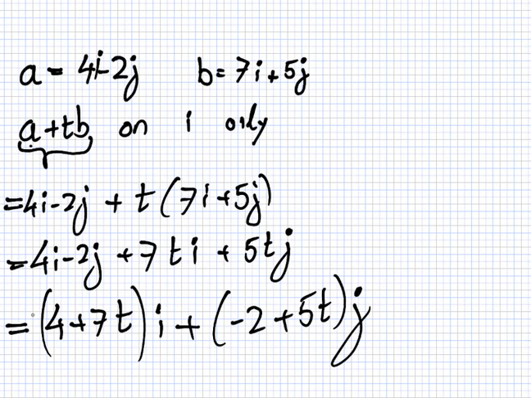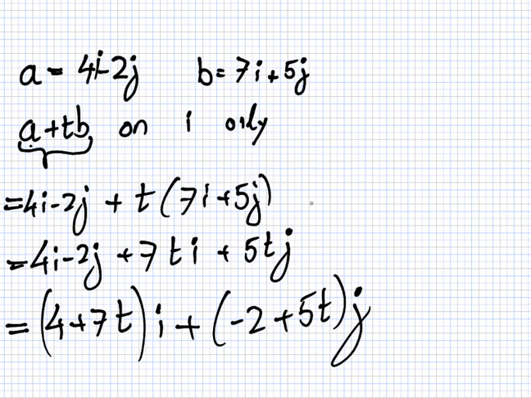Now, this is the key step. I tell you that this is only on the i. It's only horizontal. So what does that mean about the j value? Yeah, that j piece must be 0 because I tell you it's only on i. There's no j.